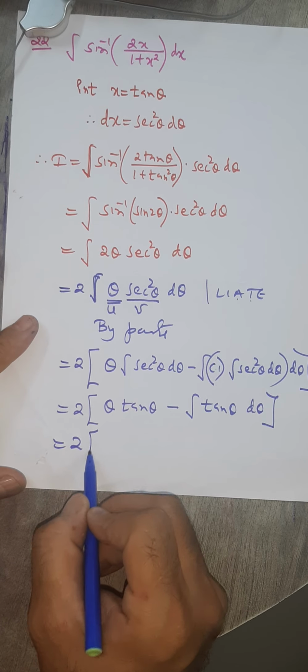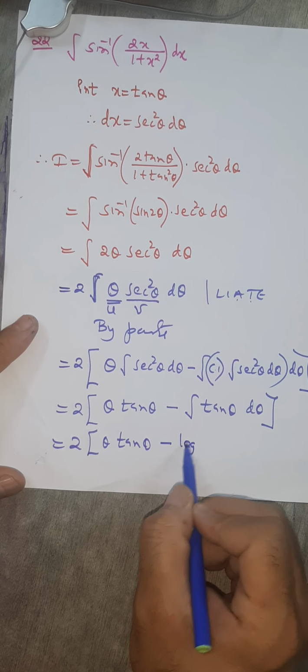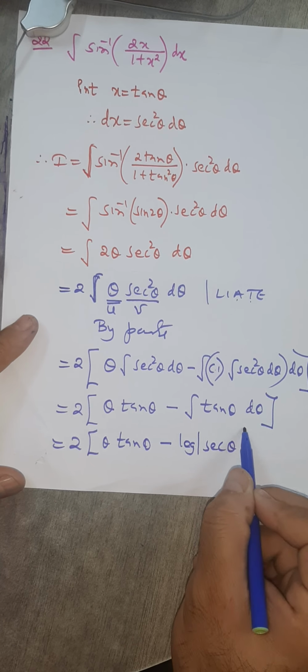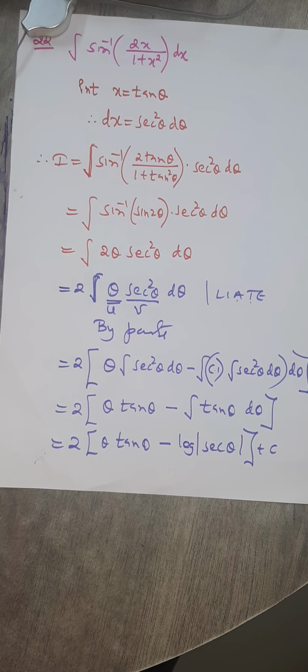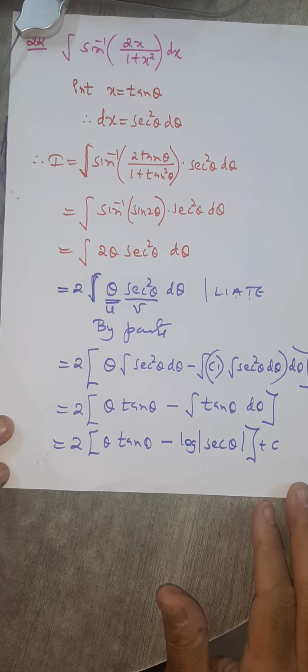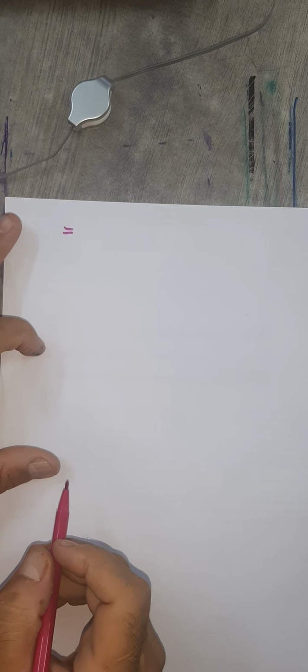And finally last step, you know integral of tan, which is log of mod of sec theta plus c. Integral of tan x is log of mod of sec x. Now the important part is, reduce into which function? x. So we are reducing in form of x now, reverse substitution. 2 as it is. What is theta? That you can write tan inverse x into tan theta, that is just x, minus now log of sec, you need to write from tan.